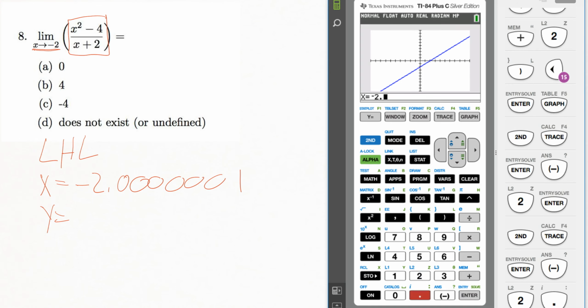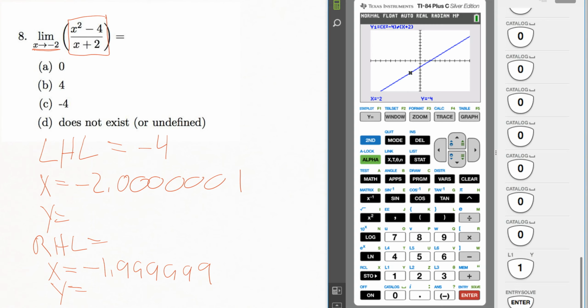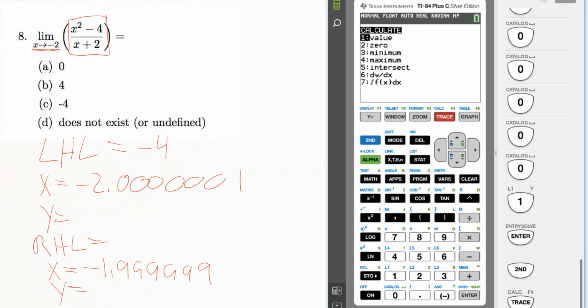Now I'm going to do the same thing to find out what the right-hand limit is. If the y values that come out are the same, then I know that my limit is overall the exact same value. So on the right-hand side, I'm going to do x equals negative 1.999999, a whole bunch of 9s. Go back into your calculator, do second calc and then number 1, value.